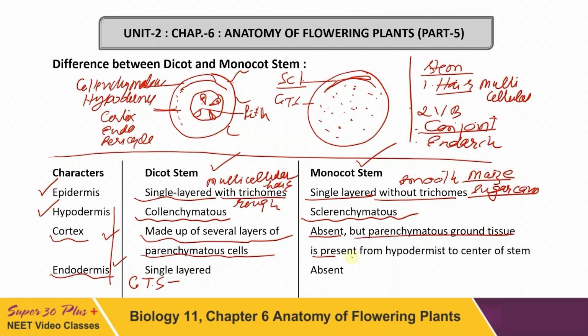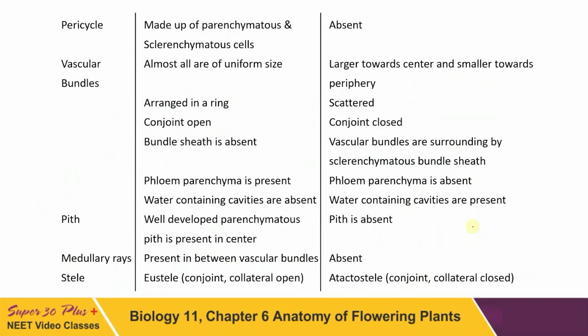Parenchymatous ground tissue is present from the hypodermis to the center of the stem, so we can write that the ground tissue system is undifferentiated. Come to the next now, pericycle. Here it is made up of parenchymatous and other cells. Definitely pericycle is absent.